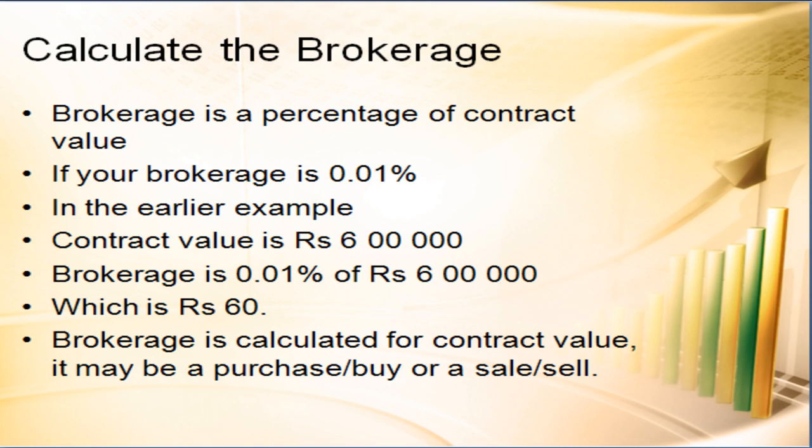So, in the earlier example, the contract value for crude oil is rupees 6 lakhs. Just multiply the contract value by the percentage of brokerage. In this particular case, we have assumed that the brokerage is 0.01%. Just multiply this and the brokerage is rupees 60. Brokerage is a part of contract value. It may be a purchase or a sale.